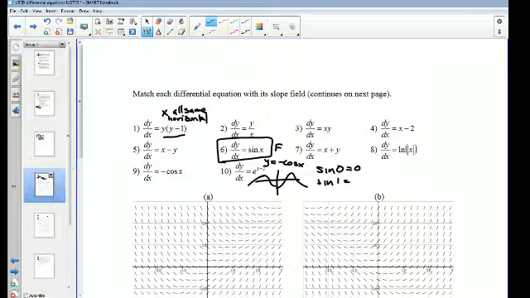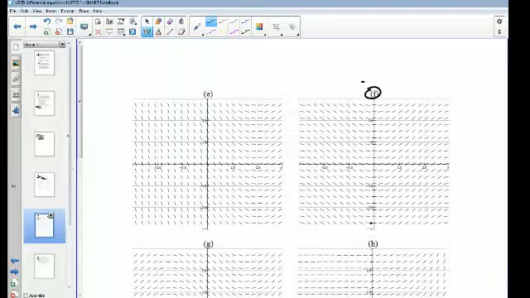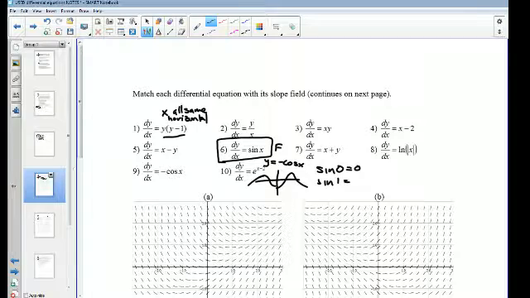So what do you mean if X's are all the same? If I put an X value of 0, it's all the same vertically. That's because this only involves sine X. There's no Y value. If you look at some of these others, they have X and Y in them, so it's going to be different.